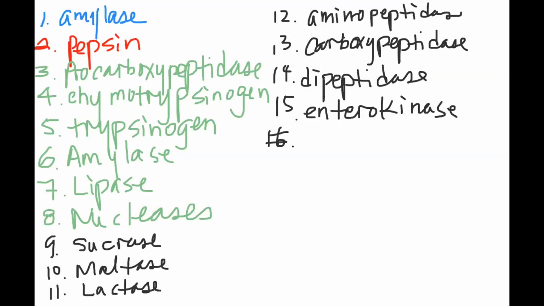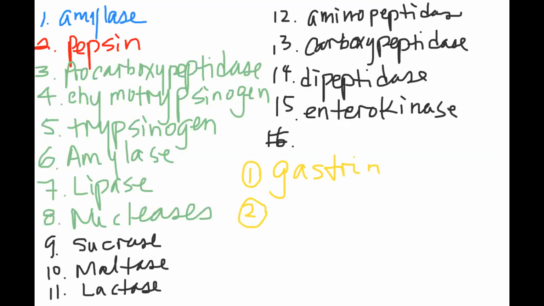On top of that, I want you to know some hormones. One is gastrin, which is made by G cells in the stomach. If you remember that, if you don't, go back and review. Gastrin is involved in regulating stomach function.